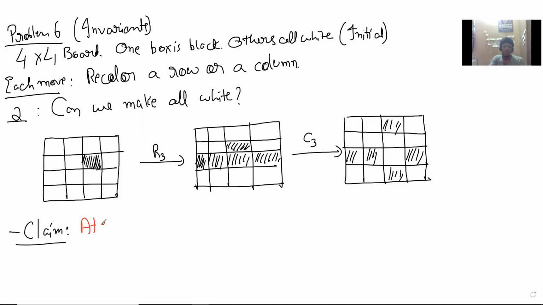At each stage, the number of black boxes is odd. Does everybody feel this is true? Now, how do we prove this? How do we argue this?